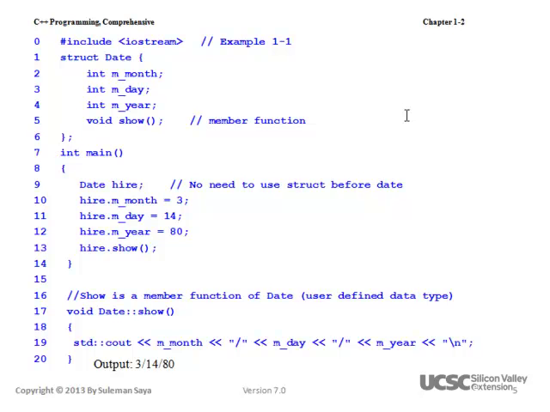Okay, but what you cannot do in C language is line number 5, meaning that notice that I have a function name within this structure body, which is not allowed in C language.